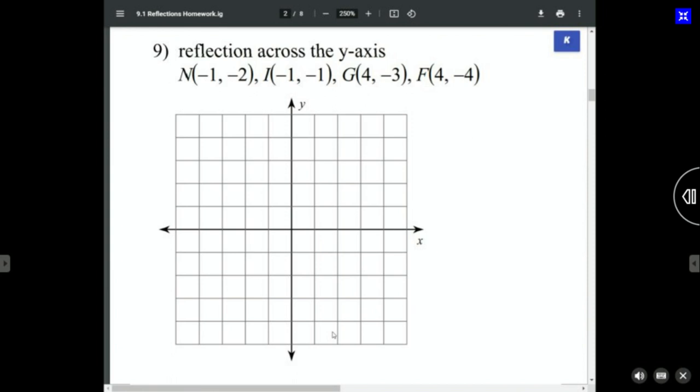You got to draw your pre-image first. Did I jump? Okay, with 6 images. I'm going to jump 7 and 8 because those are more pictures, and now we're working on numbers. So we're on 9.